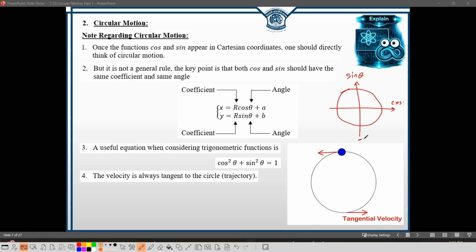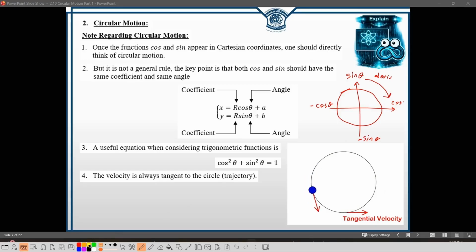So if this is sine, this would be minus sine, and if this is cosine, this would be minus cosine. Now, if we rotate in this direction, this is the derivative rotation. So the derivative of sine is cosine, the derivative of cosine is minus sine, and the derivative of minus sine is minus cosine, and so on. As long as you are rotating clockwise, this is the direction of the derivative.